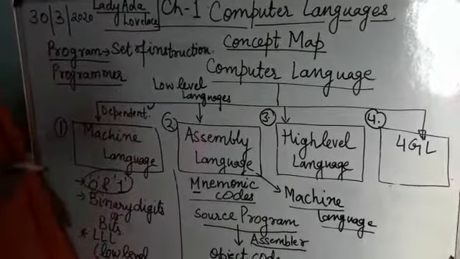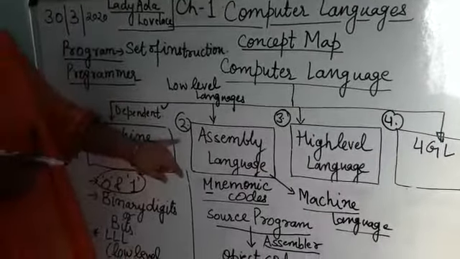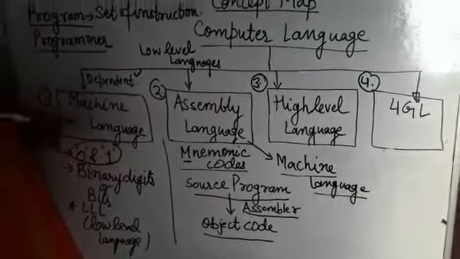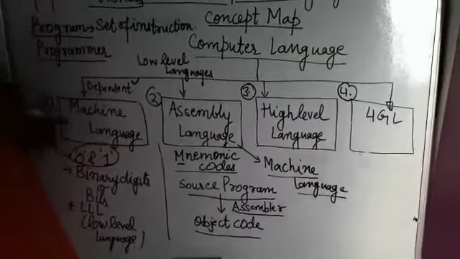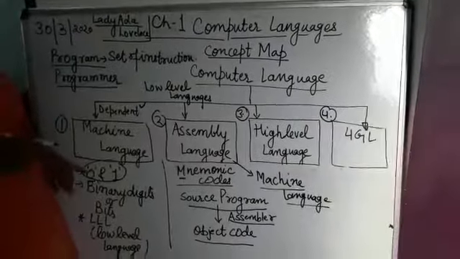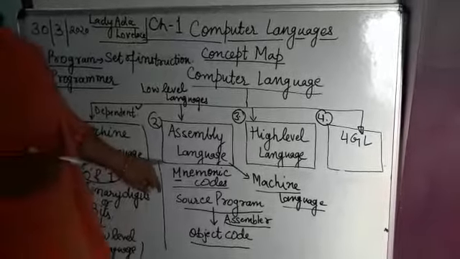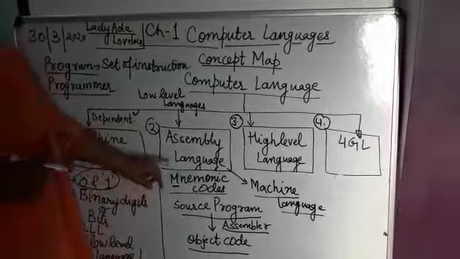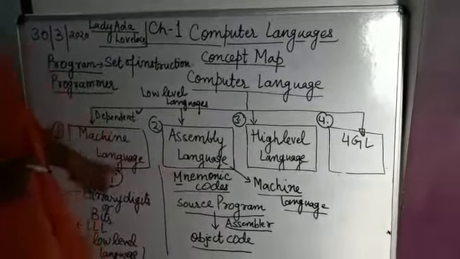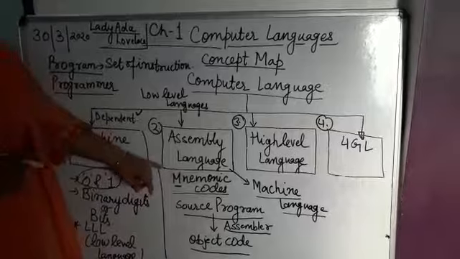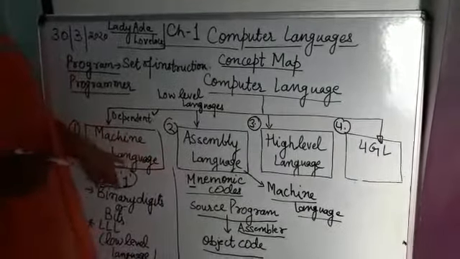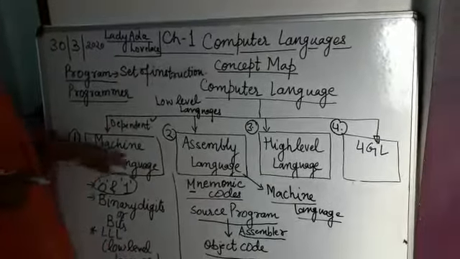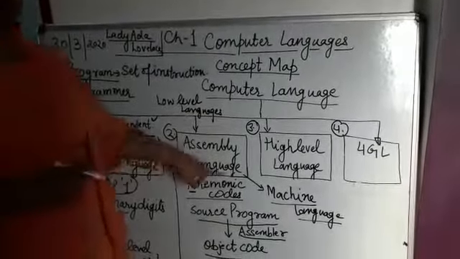Okay, and the main disadvantage is that in machine language the programmer has to learn each code and convert it into binary, and here he has to learn the mnemonic code, which was a very tiring and boring process. In these generations the program execution speed is very low because the programmer has to convert into machine language, here assembly into machine language.